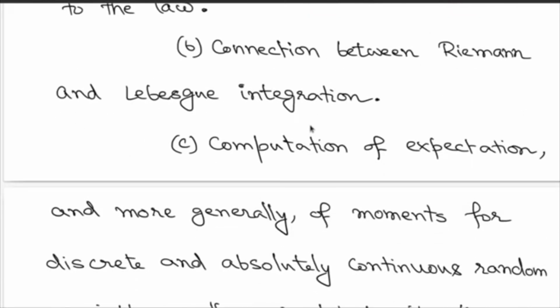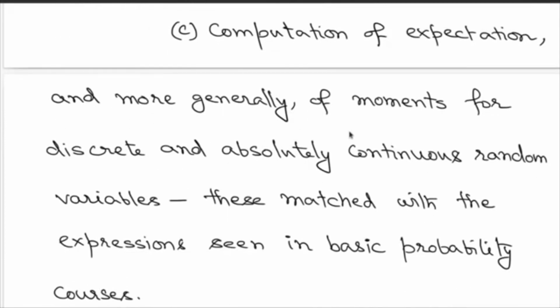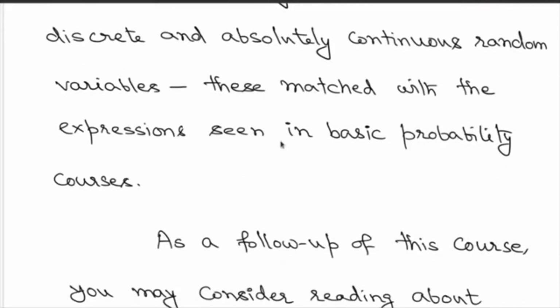But then we also studied the connection between Riemann and Lebesgue integration, and finally putting together this knowledge we were able to compute the expectation and more generally moments for discrete and absolutely continuous random variables, and the formulas that we obtained matched with those expressions as seen in your basic probability courses.